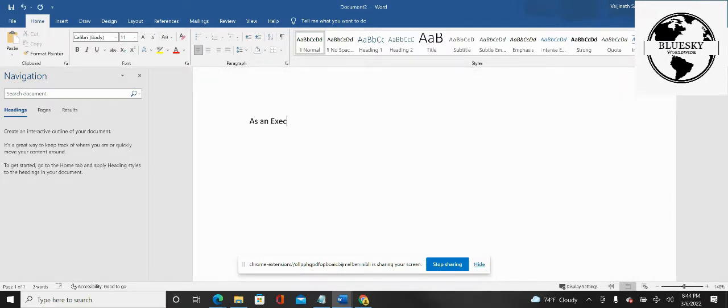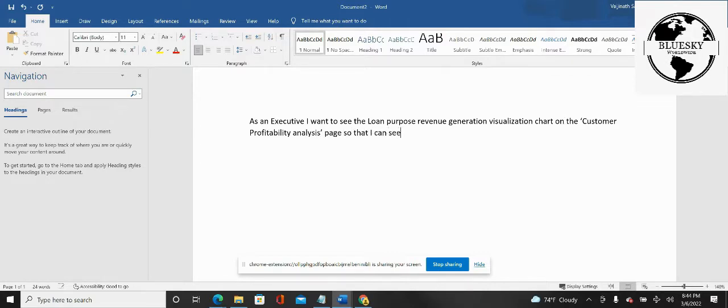As an executive, I want to see the loan purpose revenue generation visualization chart on the customer profitability analysis page so that I can take better decisions.